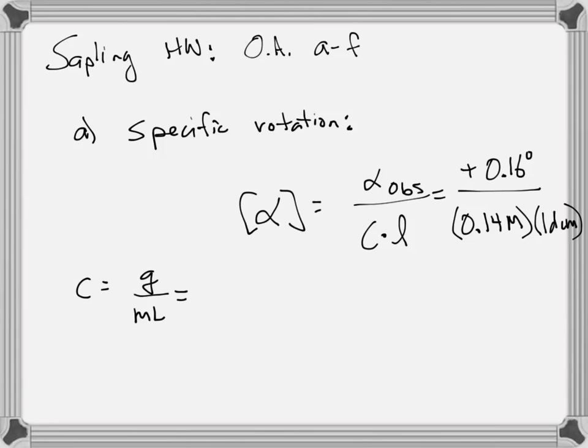We have to convert that into grams per milliliter. So we're starting with 0.14 moles per liter. Which unit do you want to try and convert first? Moles to grams or milliliters to liters? Milliliters to liters. I like that argument too.